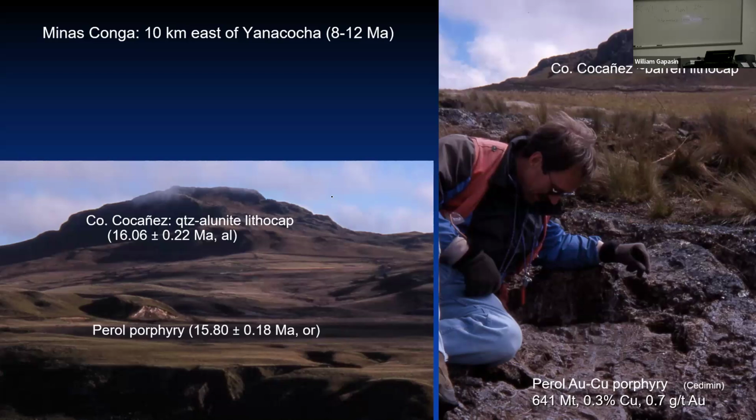There's some suggestion that something to the north has never been sorted out, but at least in terms of overlap, one question is, if these are so close in age, why isn't this very resistant quartz, silicic resistant quartz lithocap also present over the top of the porphyry? I argue because it was never there. This probably was a much more erosive alteration.